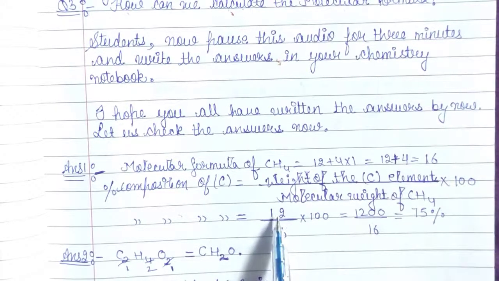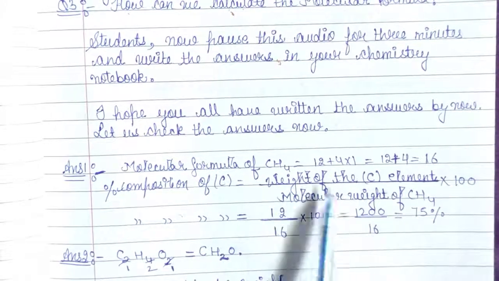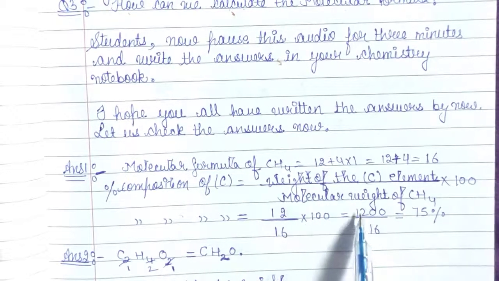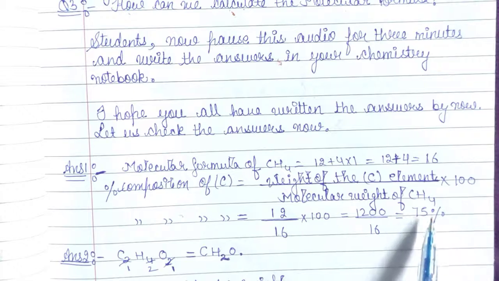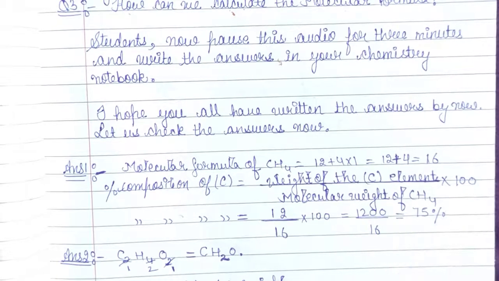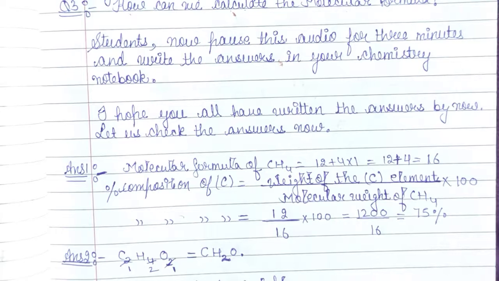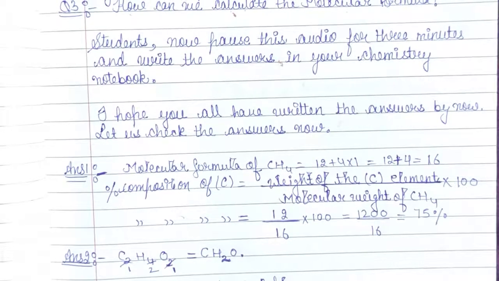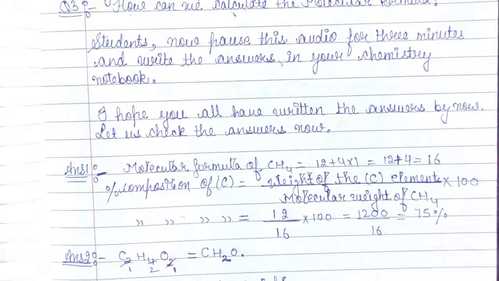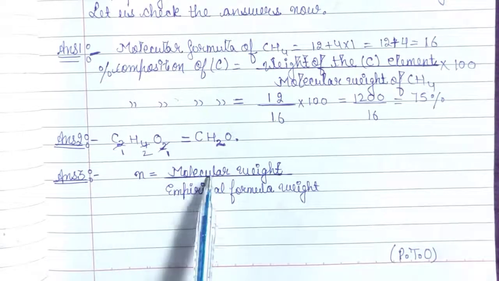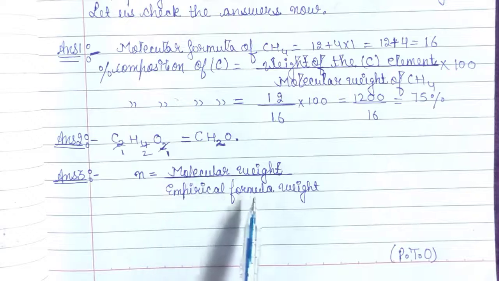So we will put the values of these given terms: 12 by 16 into 100, that is equal to 1200 upon 16, that is equal to 75%. So the percentage composition of carbon in CH4 is 75%. Now, answer number 2 is CH2O. And the last answer number 3 is N is equal to molecular weight upon empirical formula weight.